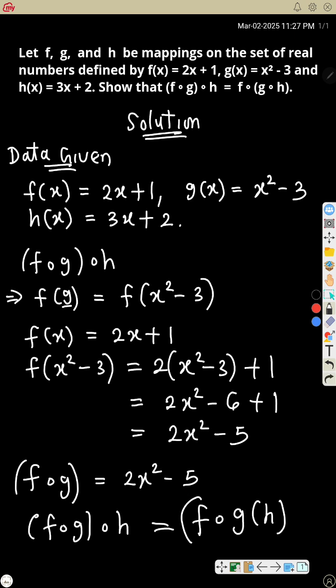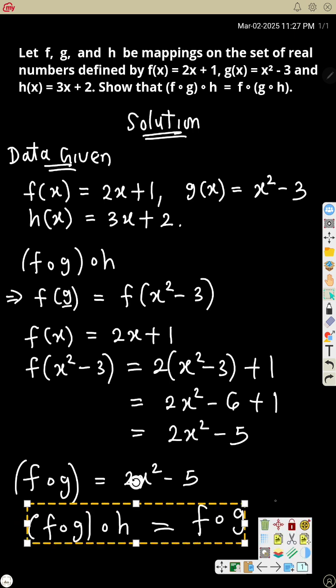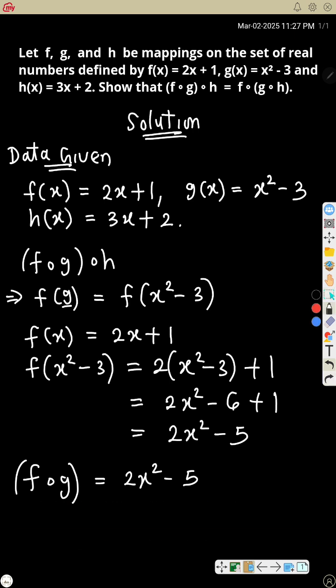So if I now put x so you can see it clearly, this one here is the same thing as f of g of x, which is equal to 2x squared minus 5.